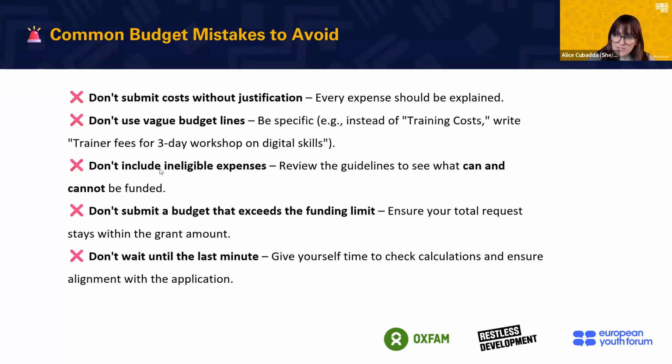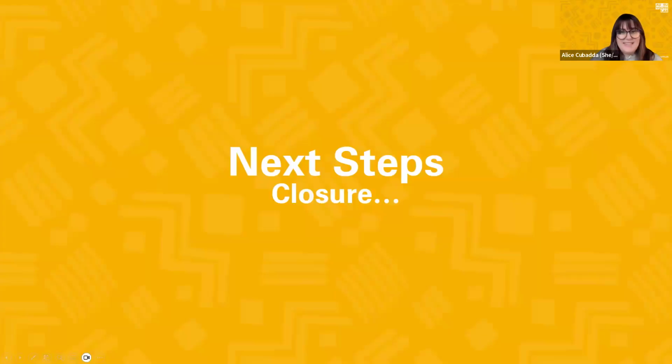So if you request 30,000 euro, please have a budget that matches the grant request. One thing to avoid is to wait too long before making your budget, so you have the time to check your calculations and ensure that everything is aligned with your application. Next slide, please. Yes, thank you.